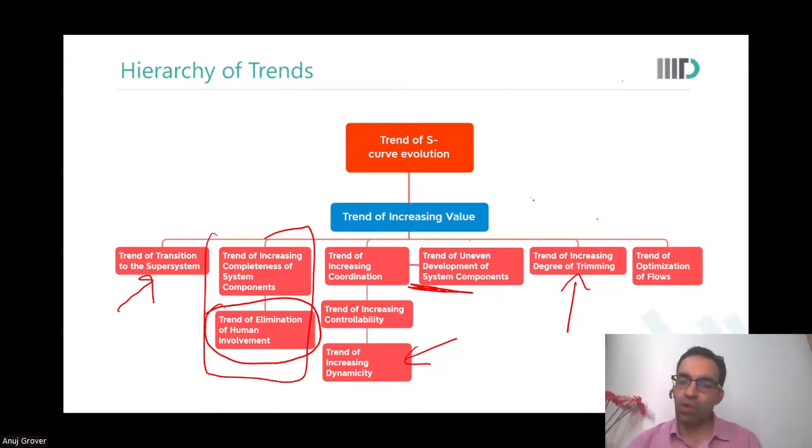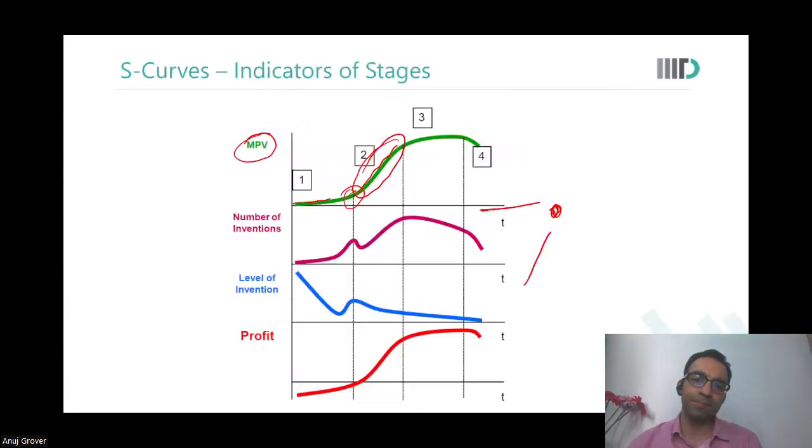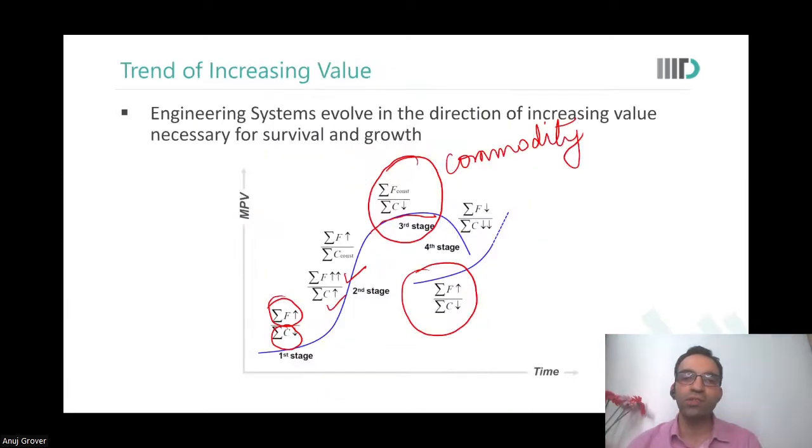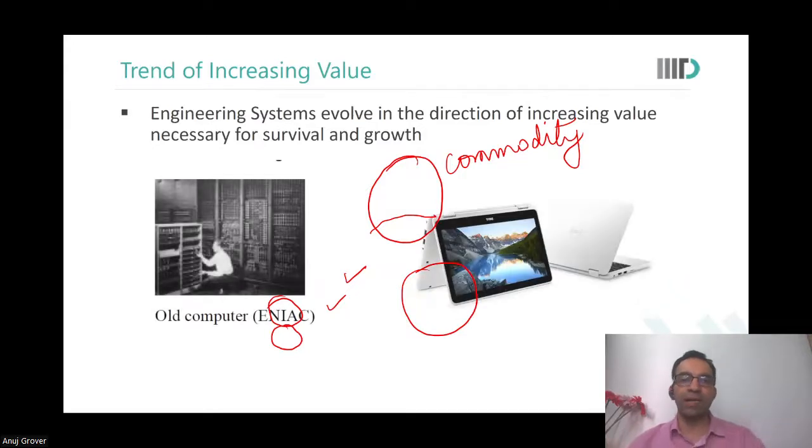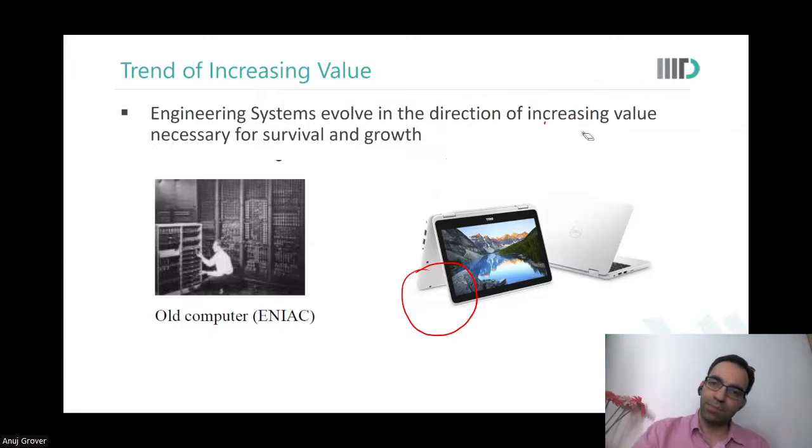So now what we look at is trend of transition to super system. Okay, so this is more about trend of increasing value, that this was the old computer.